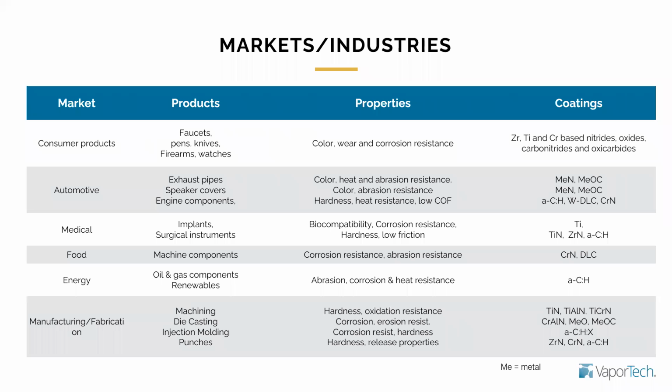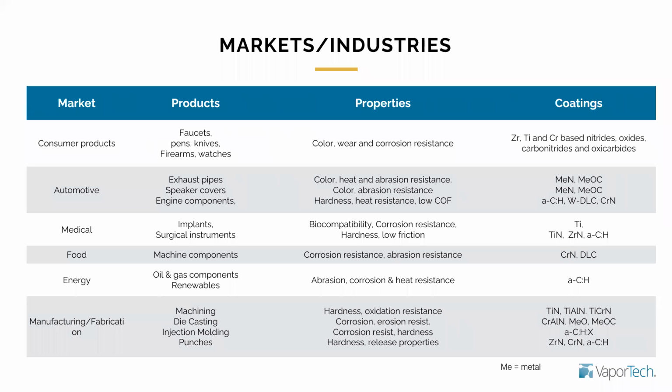In the medical industry, you have implants and surgical instruments as well. Obviously, you have to have biocompatibility for the implants and corrosion resistance, or some resistance to what's inside your body. In surgical components, you have to have hardness and low friction as well. So titanium nitride, zirconium nitride, and DLC are commonly used in that industry.